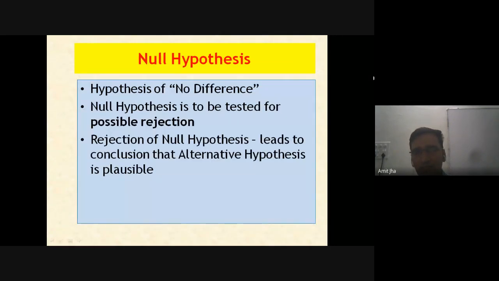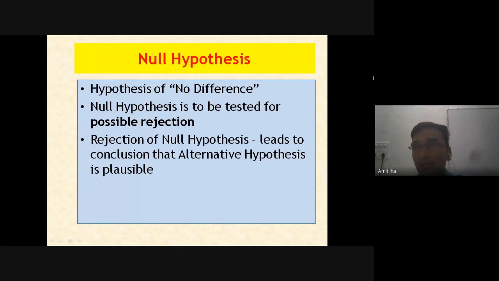So as it is evident, null hypothesis means no difference. Say we are having two sets of data from a farm, maybe a wool farm, where we have to find whether the two samples we are having are from the same farm or they don't differ significantly.